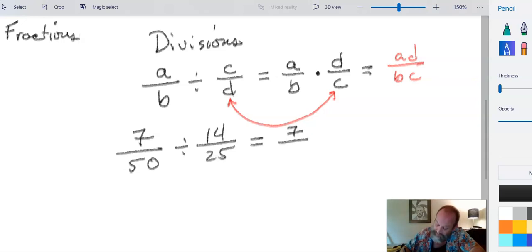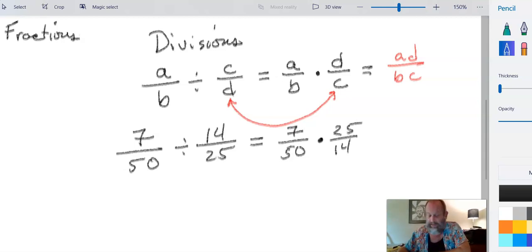So I'm going to have 7/50ths again. That doesn't change. But we flip the second one, so we get 25 over 14 here.